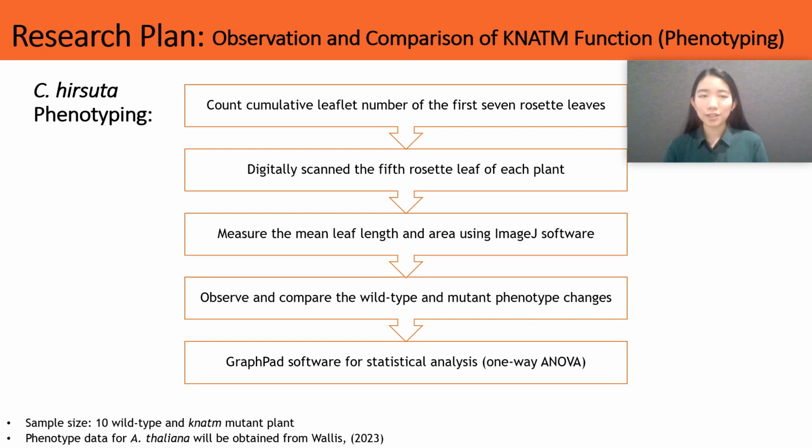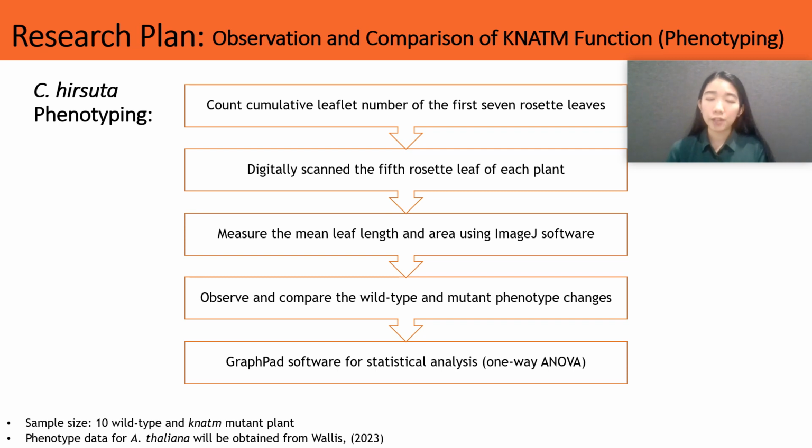The next part is the observation and comparison of NetM function, or phenotyping. To do the Cardamine hirsuta phenotyping, the leaflet number of the first 7 rosette leaves will be counted and compared. Next, the 5th rosette leaf of each plant will be scanned and the mean leaf length and area will be measured using the ImageJ software.